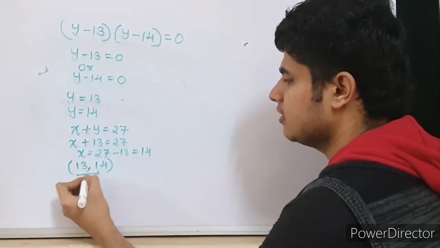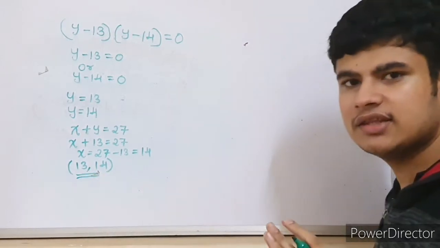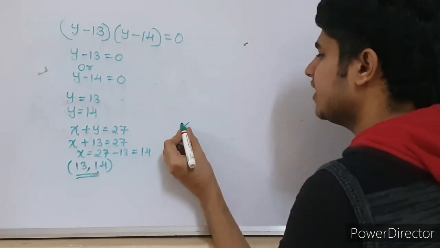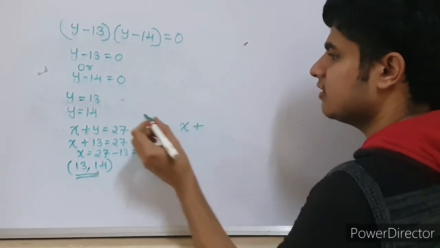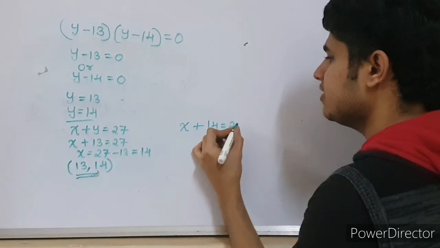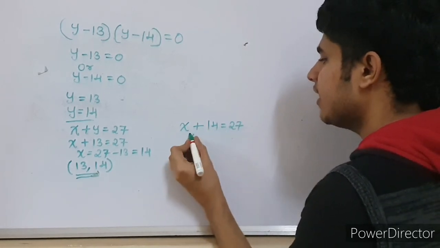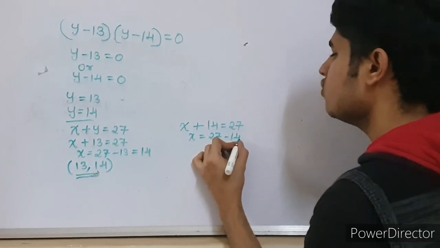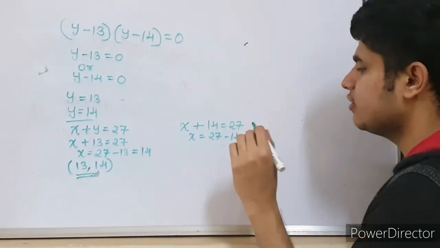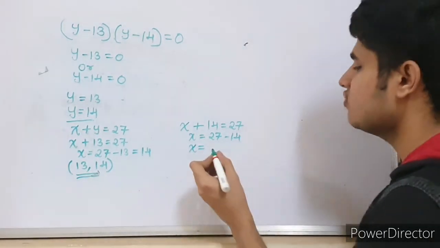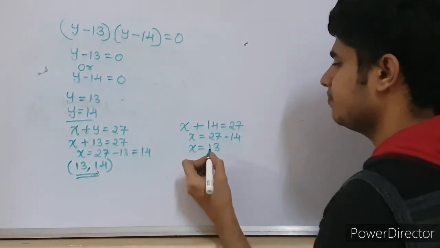This is a system of the solution, which are the two numbers. This is just the way things have been formulated. Other way around, if I take y, the second one, as 14, and x plus y is equal to 27, then I will get x is equal to 27 minus 14. 14 will go to the right hand side and it will become negative, and x I will get as 27 minus 14 is equal to 13.